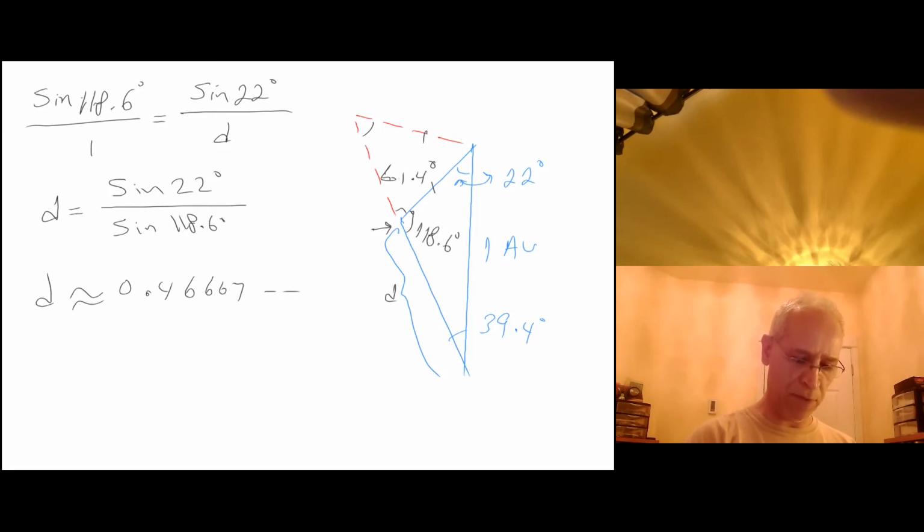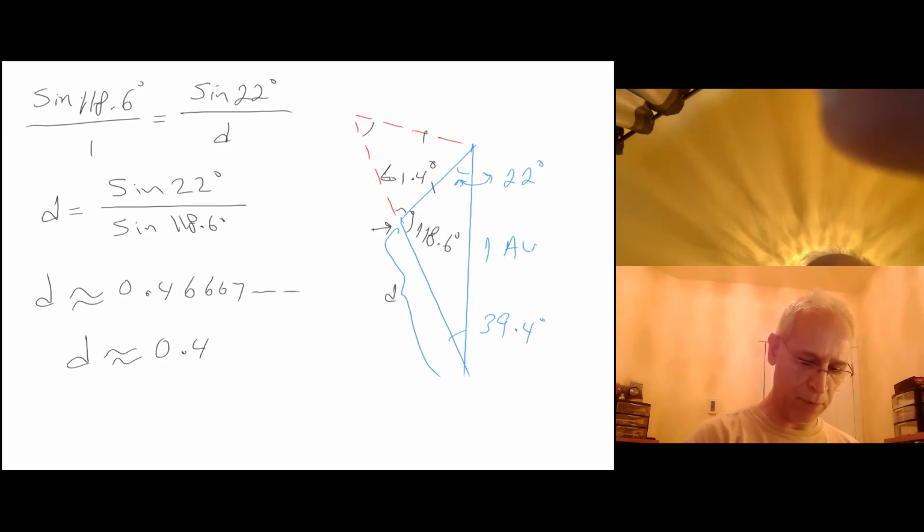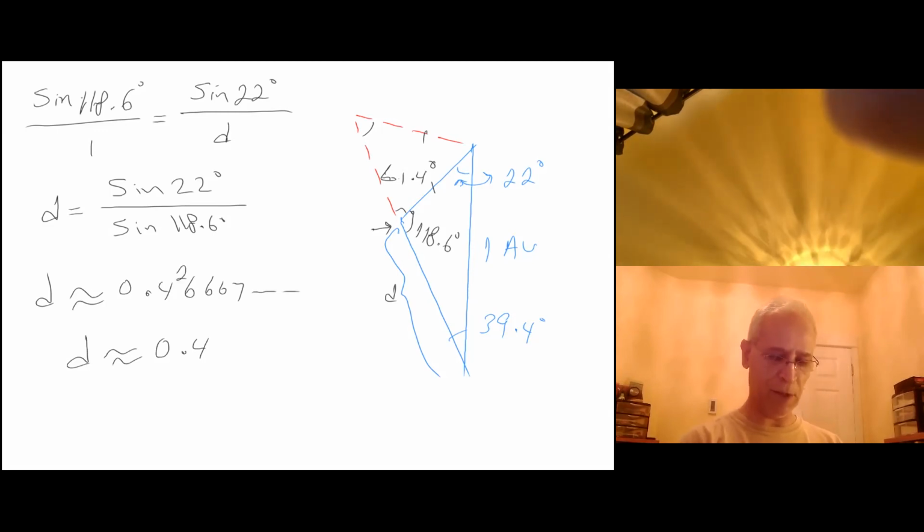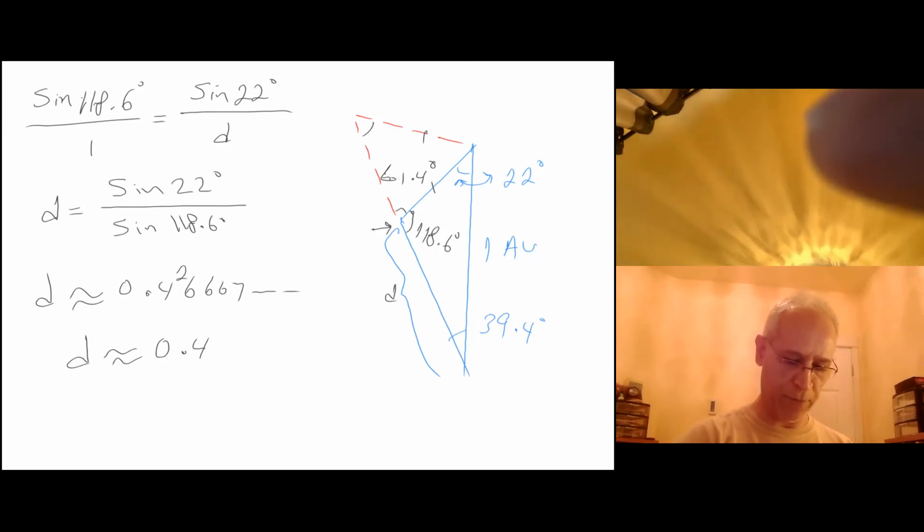Let's go to 3 digits again. Ooh, I dropped the 2 in here. I'm so sorry. That was 0.42666, so 0.427 astronomical unit.